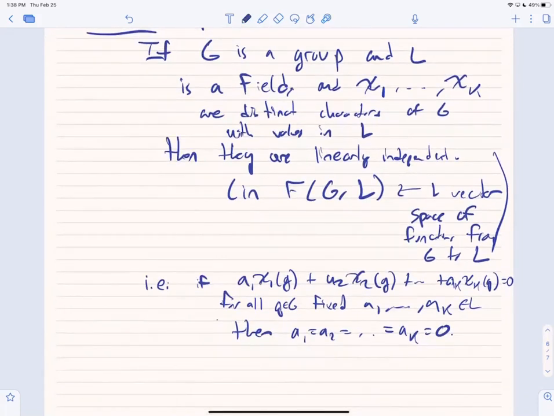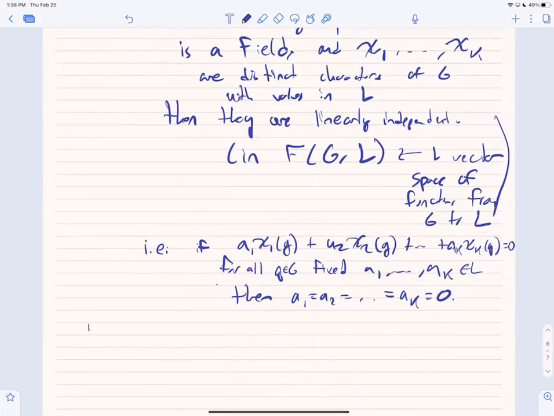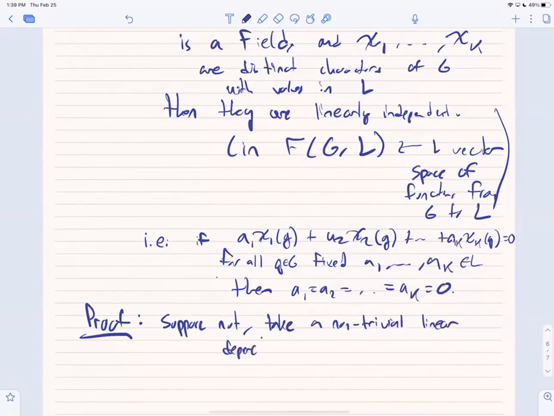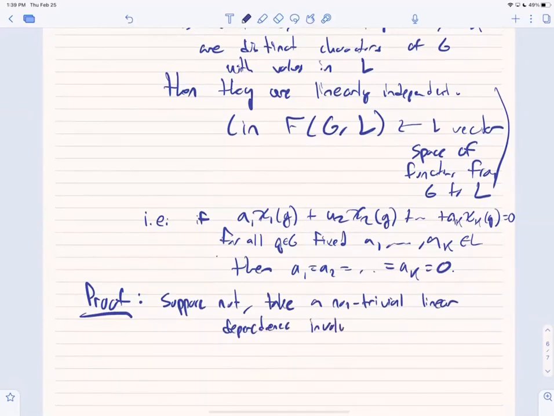Okay, and so the proof is really simple. It's just a trick. Suppose not, and then take a linear dependence. If they're not linearly independent, then there is a linear dependence involving as few as possible.